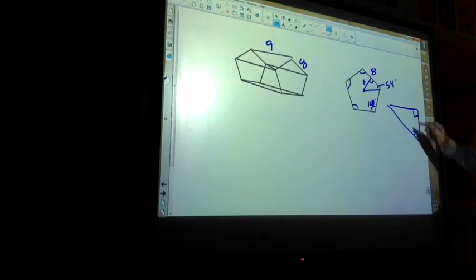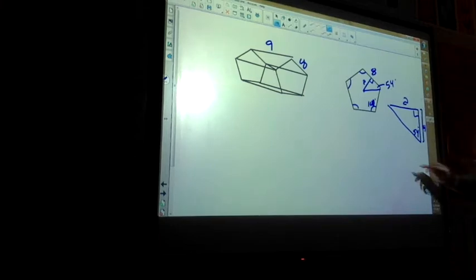That's 54. That's my apothem. How long is this distance right here going to be? 4. Good. So it looks like I have opposite and adjacent, so that's tangent. So I get tangent 54 equals a over 4. So 4 tangent 54 equals a.